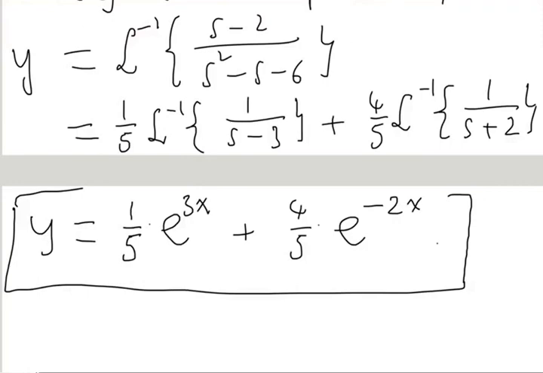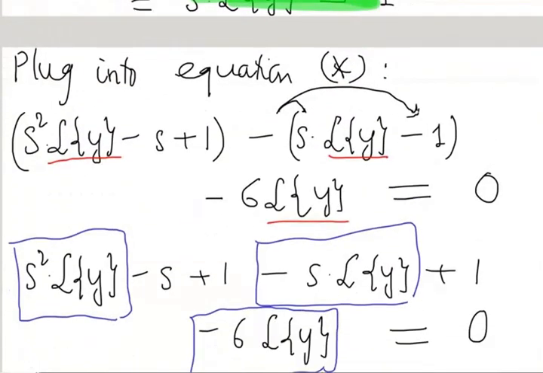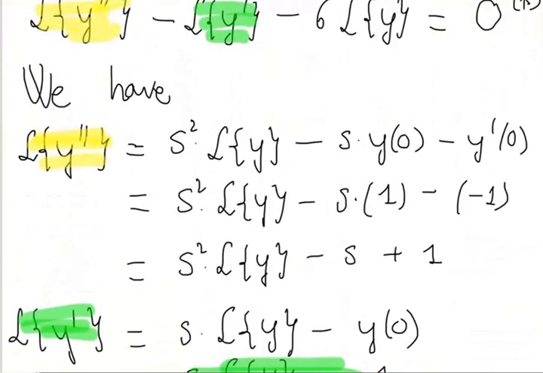So Laplace transform gives us a different method to solve initial value problem, and it's very different from the method that we learned in chapter 3. We don't need to solve for C1, C2 or anything. Right? The initial conditions are used directly from the formula for Laplace transform right here.